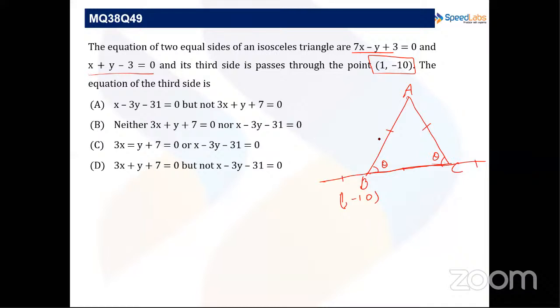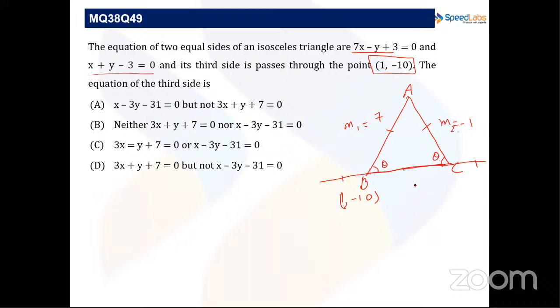Now we have the equation of line AB and the equation of line AC. From the equation of line AB we can find its slope, M1, which is 7, and the slope of AC, M2, is minus 1.